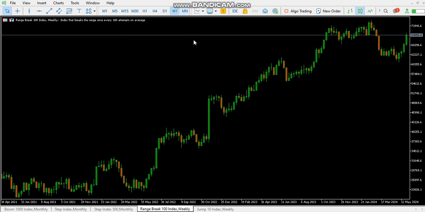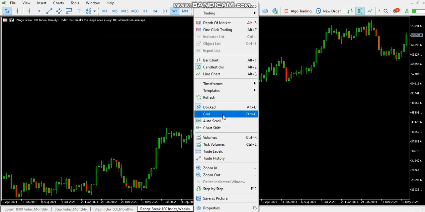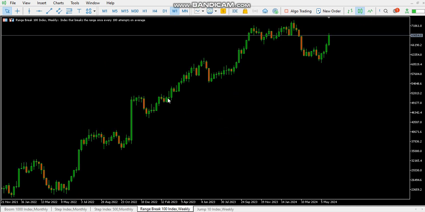So let's go to the weekly time frame to see what is happening. Looking at the weekly time frame, I would love to see something like a chart pattern. I might even mark out my zones here, but there's nothing much we can say about the chart patterns.